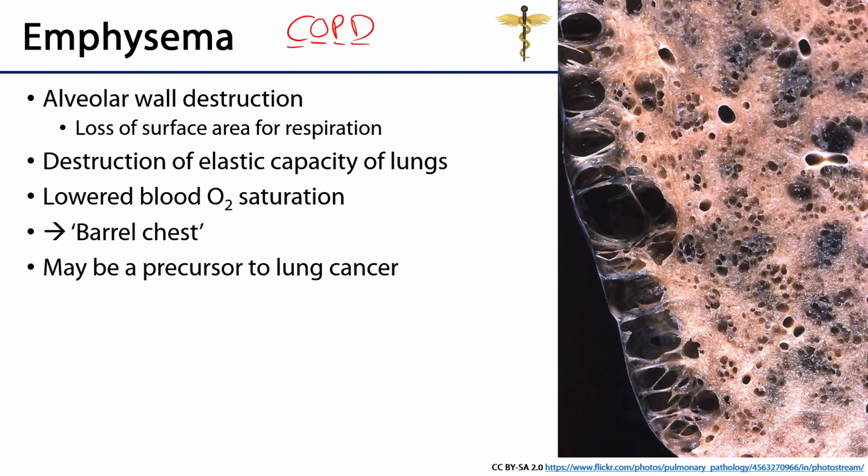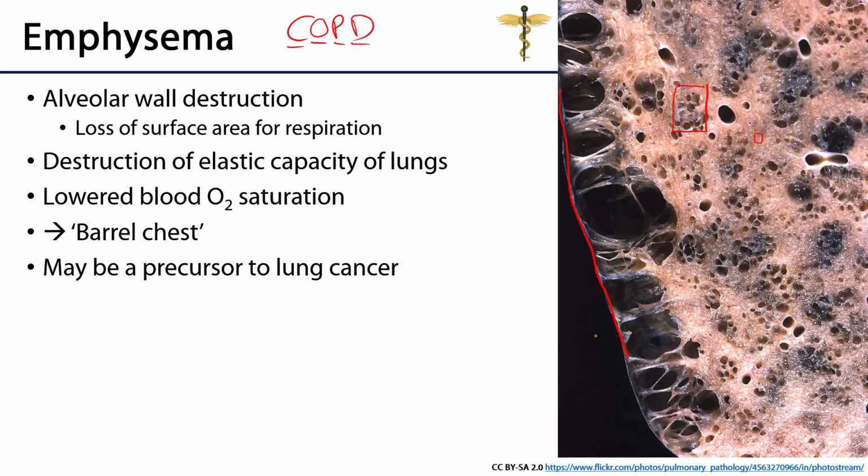And so, this might be what typical lung parenchyma looks like, but with emphysema, you start to get these honeycomb appearances as the alveoli combine with some of the smaller air tubes. You can also see this is the visceral pleura here.